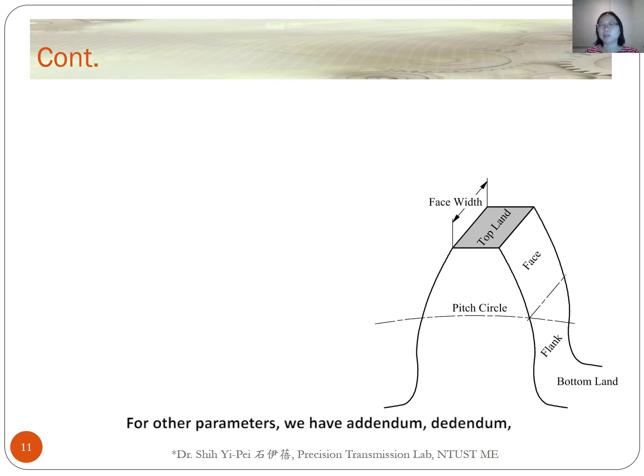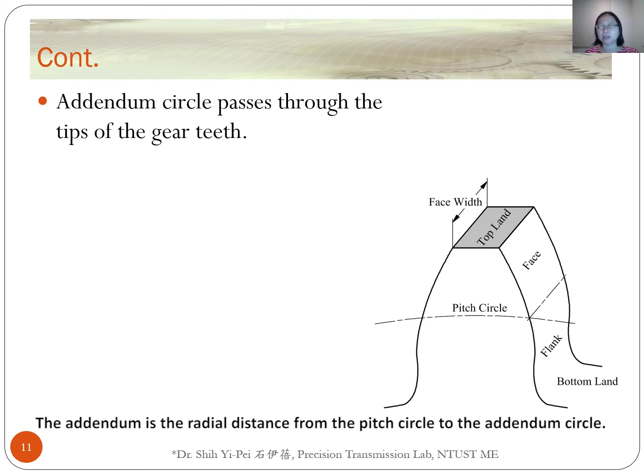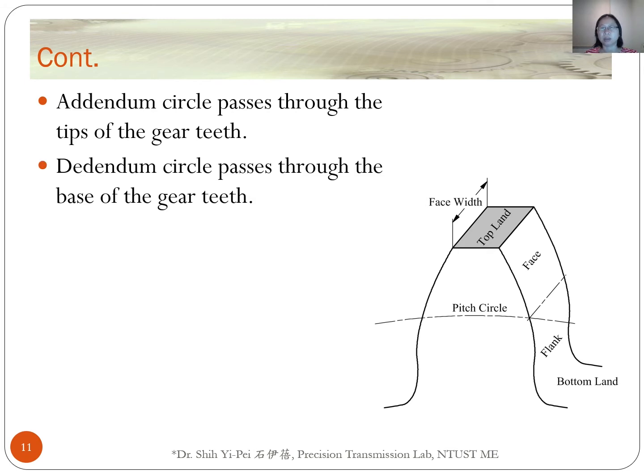For other parameters, we have addendum, dedendum, whole depth, face width, and tooth thickness. The addendum circle passes through the tip of the gear teeth. It is also called the tip circle. The addendum is the radial distance from the pitch circle to the addendum circle. The dedendum circle passes through the root of the gear teeth.